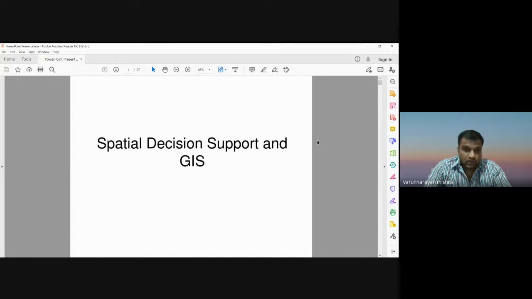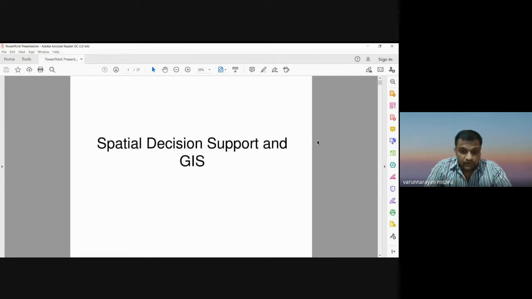Okay. So now spatial decision support system means we are dealing with spatial data sets. When we are going to work on policy making or decision making on the basis of spatial data sets, this kind of spatial decision support system is used.